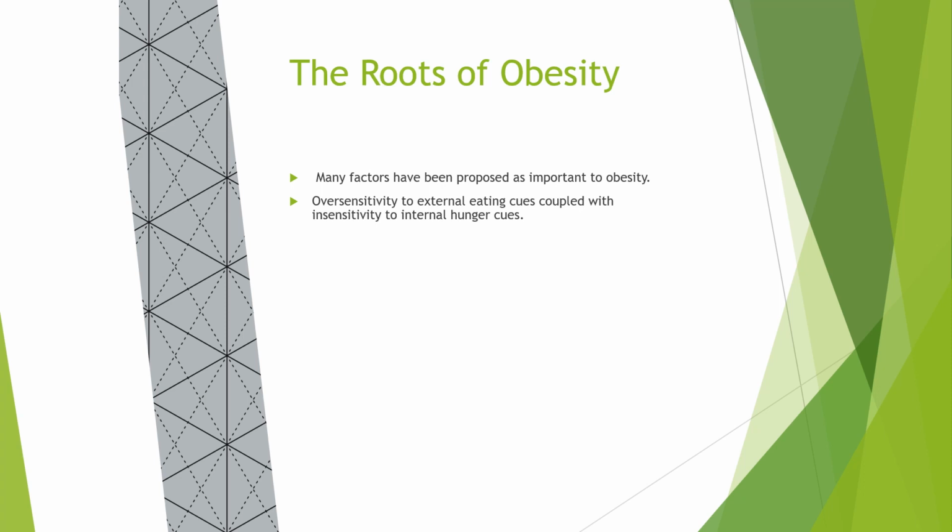However, we just talked about the biological factors. We definitely have these biological internal cues also, but we may be undersensitive or insensitive to those cues. So that's what this is saying, where we have this oversensitivity to external eating cues along with an insensitivity to our internal hunger cues. Some of us may have higher weight set points.